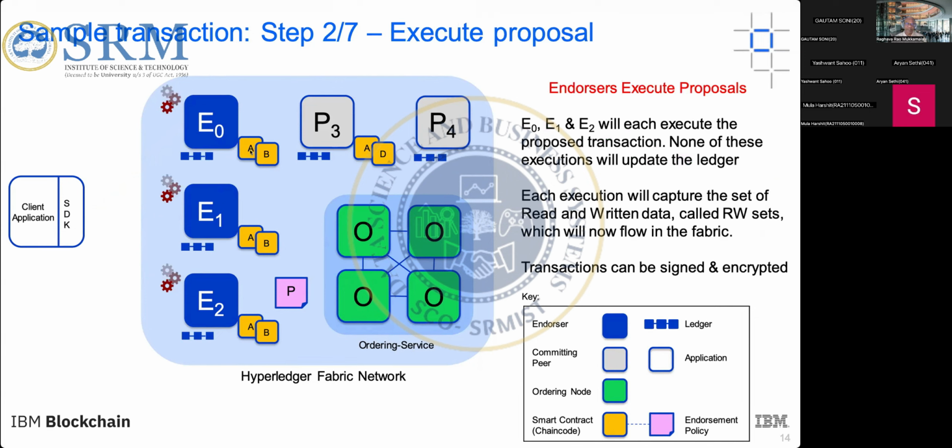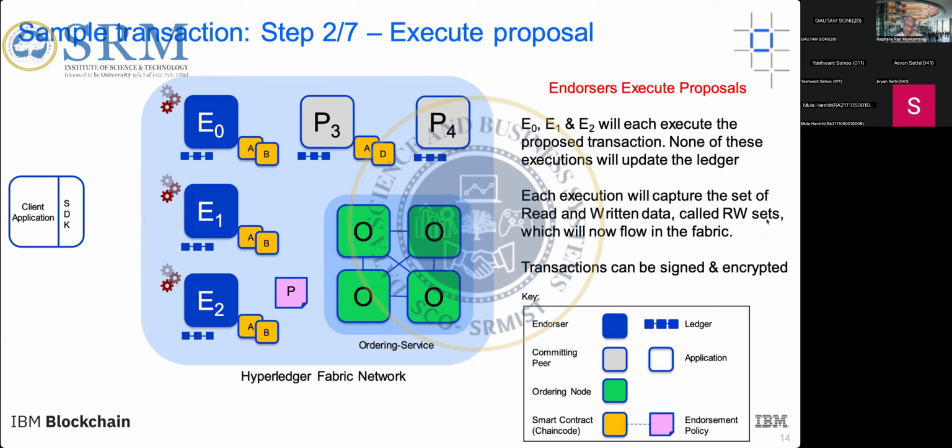Because this is nothing but a smart contract, they will execute the transaction when we get it. And what is execution? Execution is nothing but capturing the set of read-write data. So the information is populated in the form of read-write data sets. We call these RW sets.